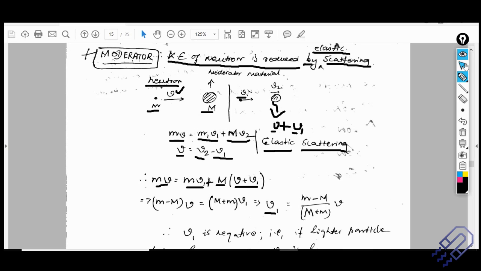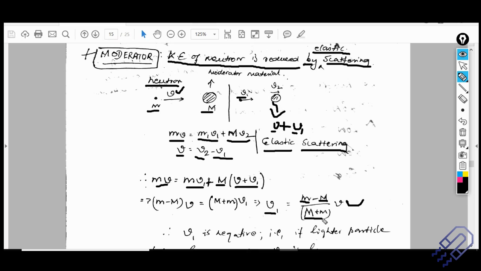If you understand this relation, you can identify the velocity of the incoming neutron. It depends on the mass of the neutron and the mass of the moderator, divided by m plus M. I am already giving you an example beforehand that the moderator is heavy water and the incoming particle is neutron, but this is not the case in general.